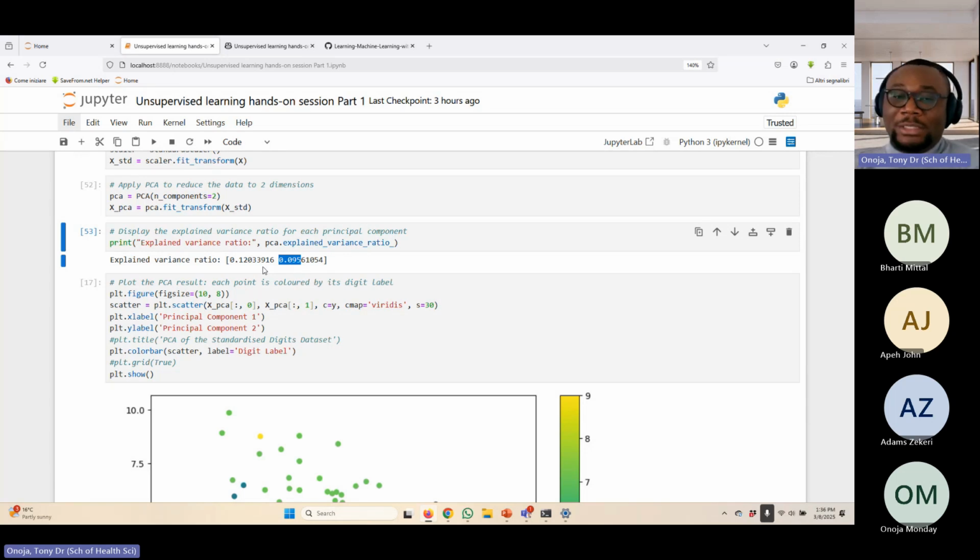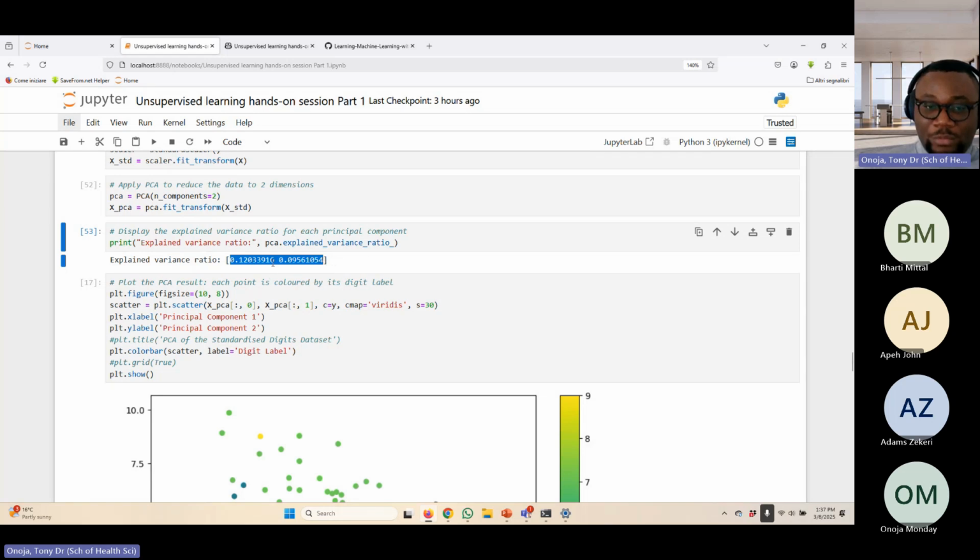The more complex the dataset is, the more difficult it will be to capture this variability. Anyway, remember the whole essence is to keep it simple.